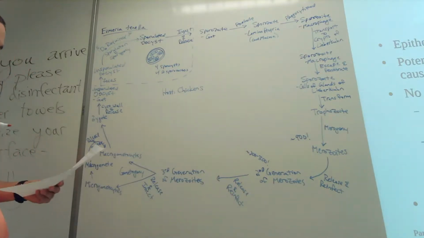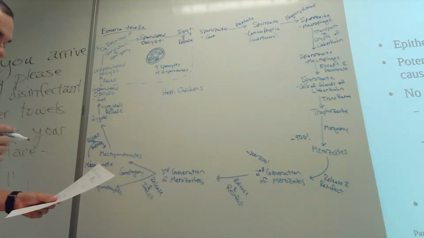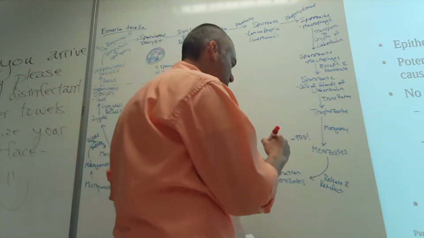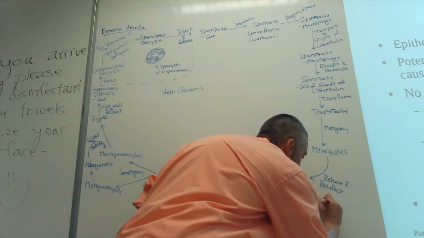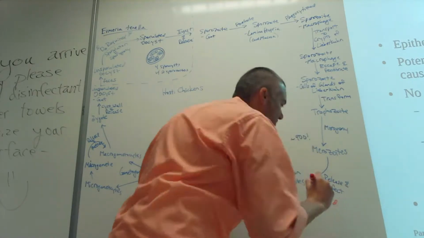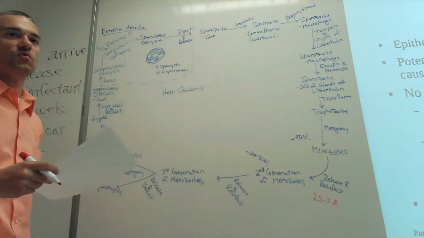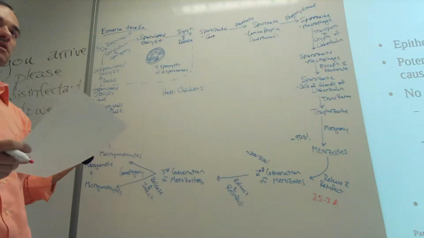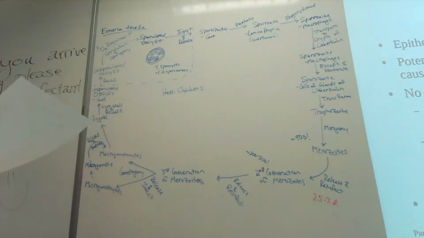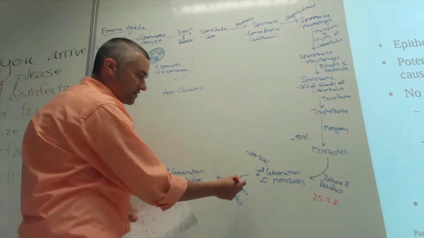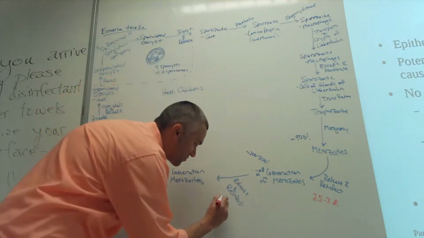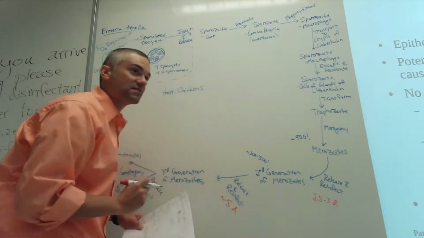All right. Our first generation, this release and reinfect spot takes about 2.5 to 3 days. All right, 2.5 to 3 days when we see our first round of morphology rupturing and reinfecting our cells. All right, our second generation that gets released and reinfected is about 5 days.